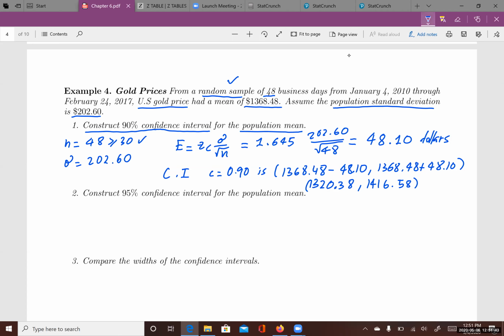So this is the confidence interval that we just constructed. Again, this is the 90%, or 0.90, confidence interval.